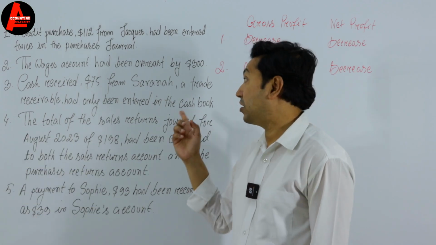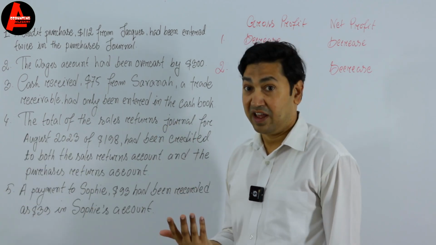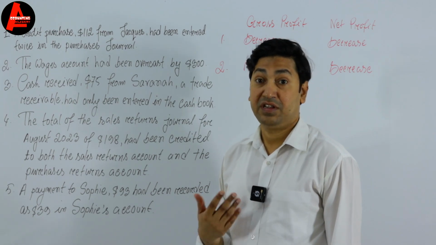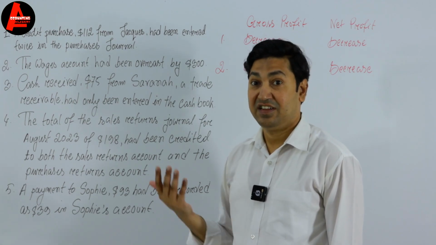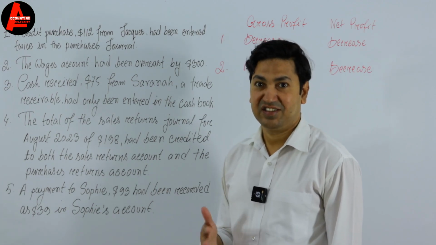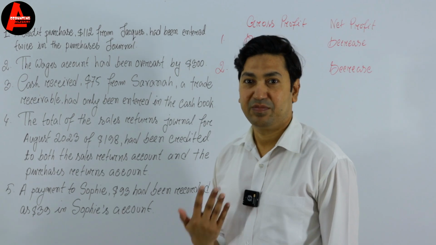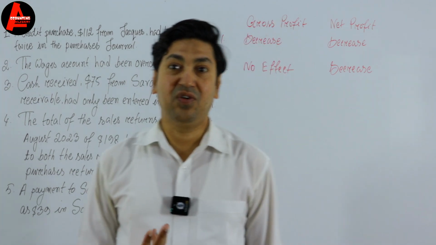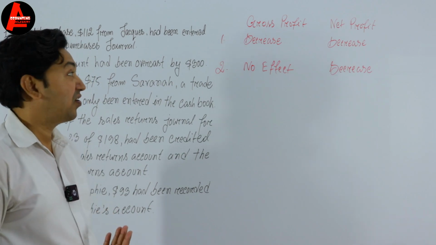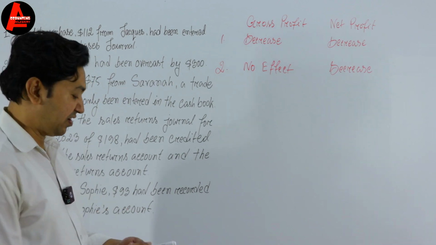So here Savanah and cash are both assets. Assets come in the statement of financial position, meaning the balance sheet. These do not come in the income statement, in either section. So what does it mean? It means that there is no impact on the gross profit or net profit, okay?